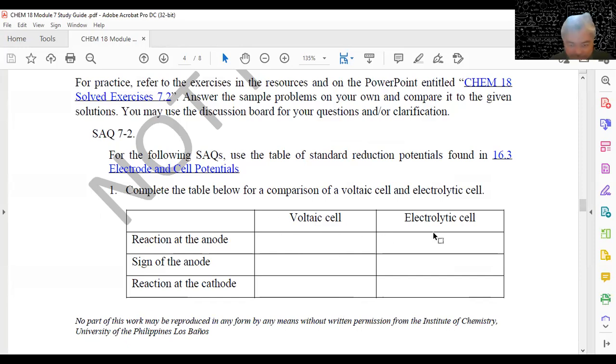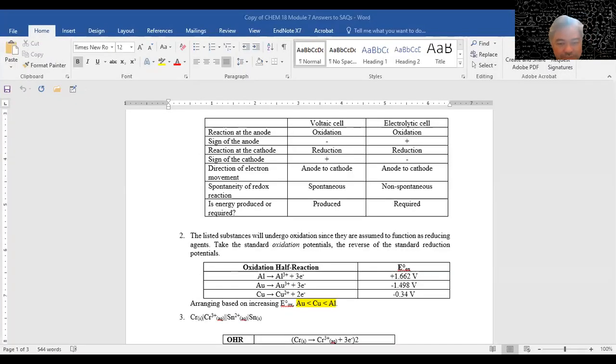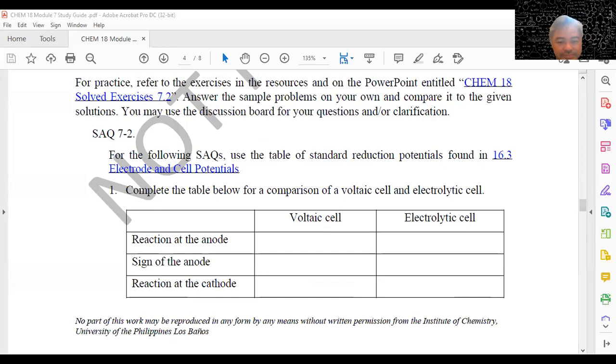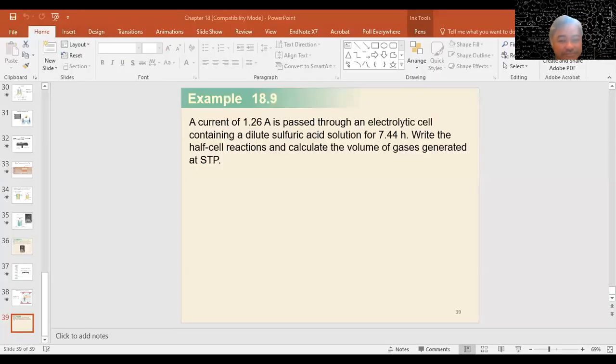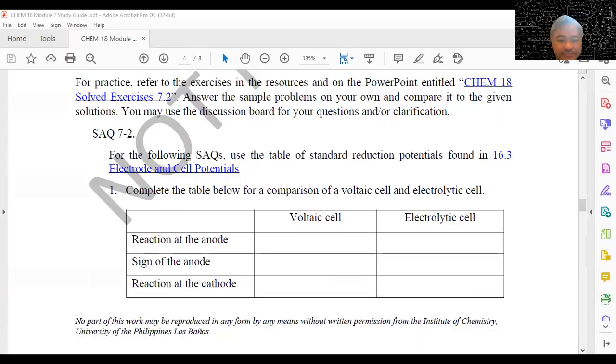So whether you have a voltaic cell or electrolytic cell, the reaction at the anode is always oxidation. And if it's an oxidation, what would be the sign? It will be negative. Now, the reaction at the cathode, usually, that's reduction in both of them, and you will have a positive sign.